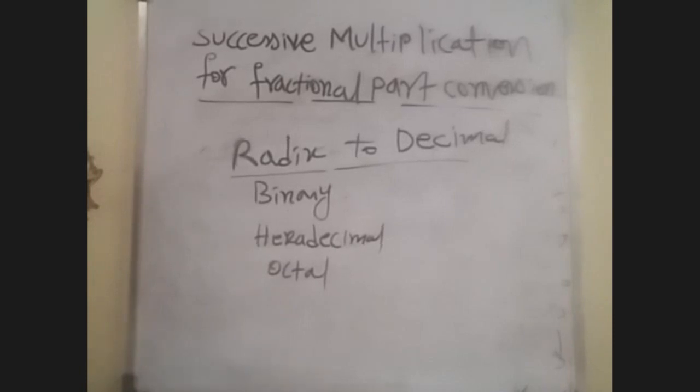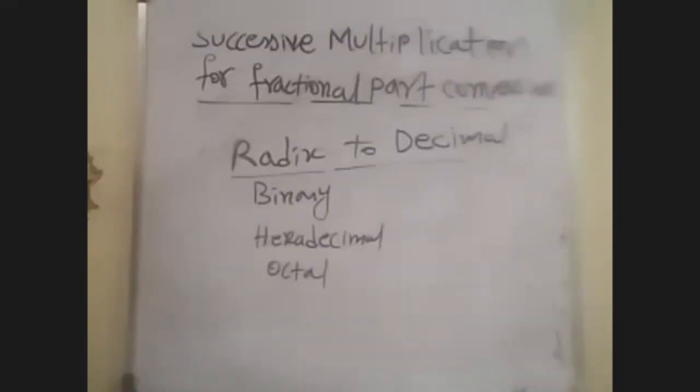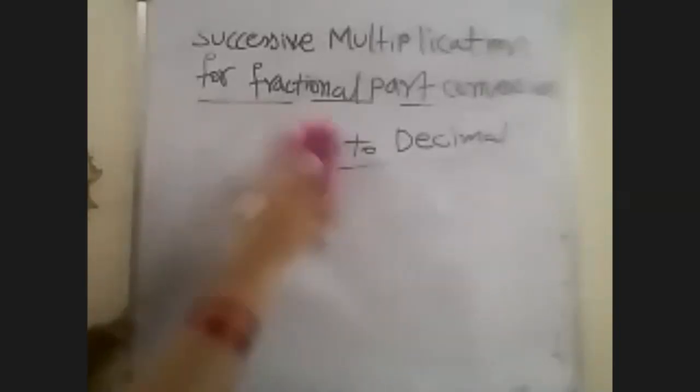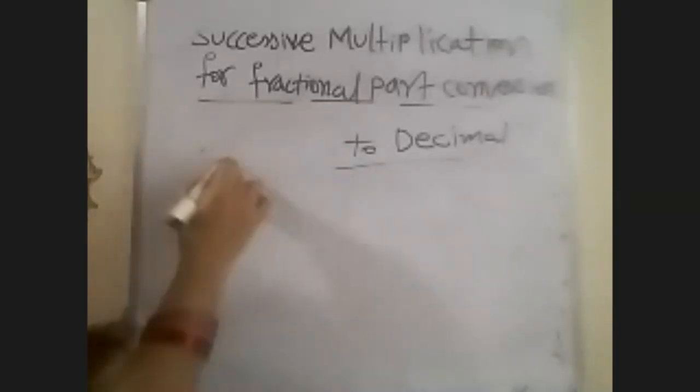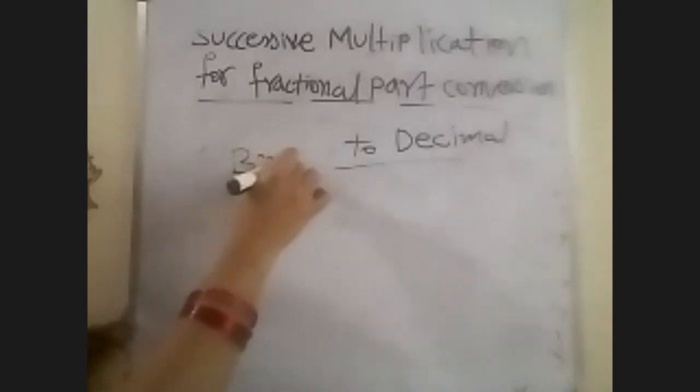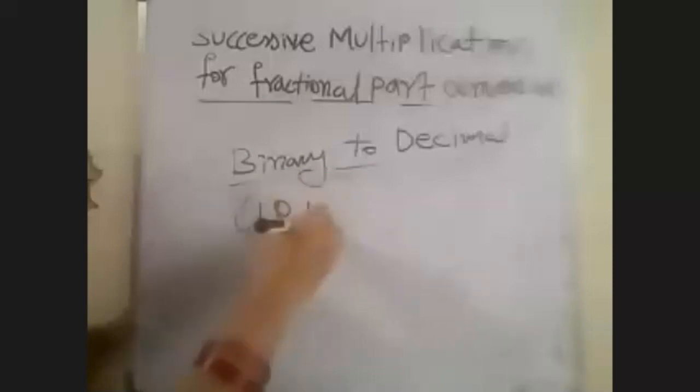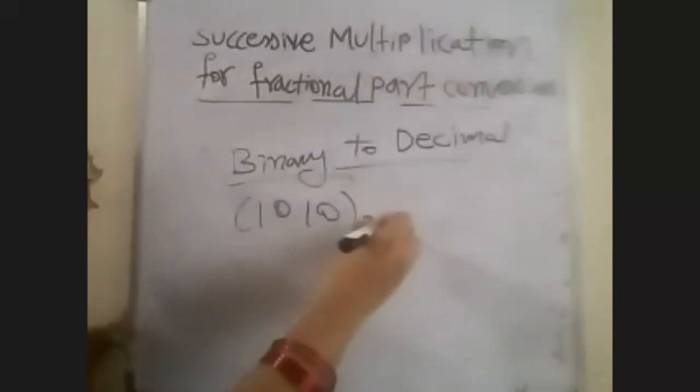Okay, so what is the radix to decimal? By adding powers, ma'am. Yeah, by adding the powers. So that way we convert that radix to decimal. For example, first we will discuss binary to decimal. For example, 1010. This is base 2.